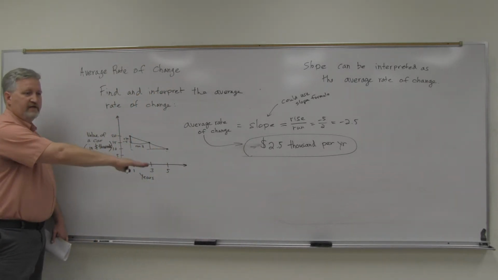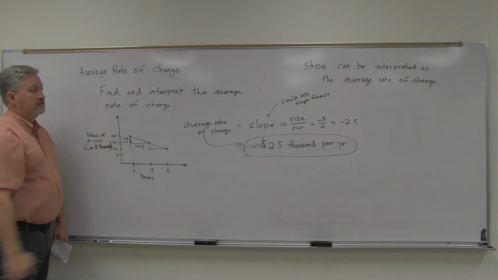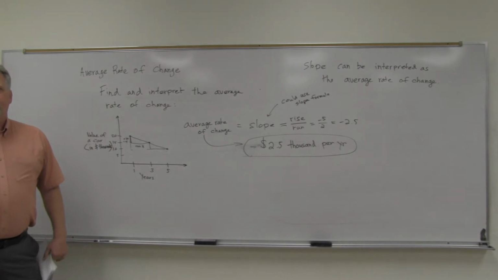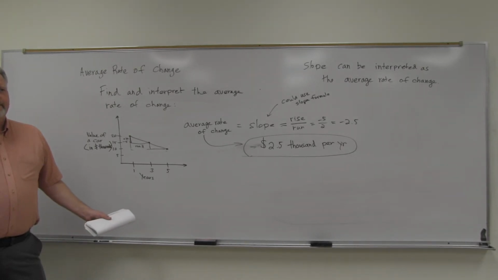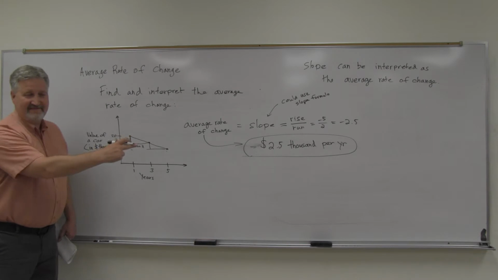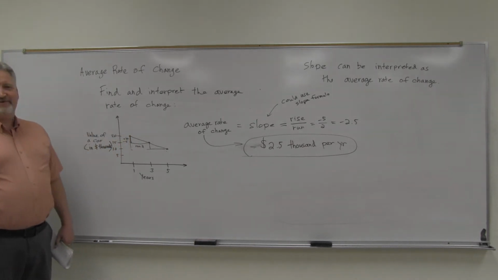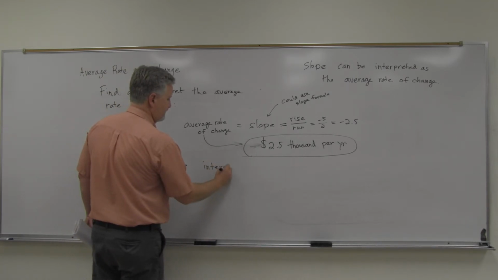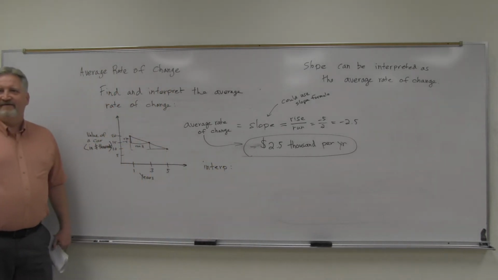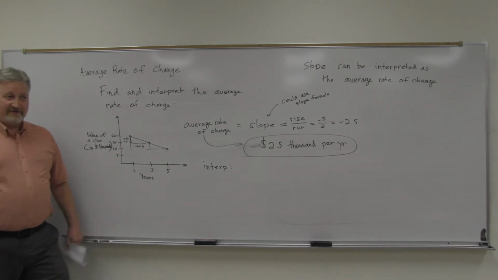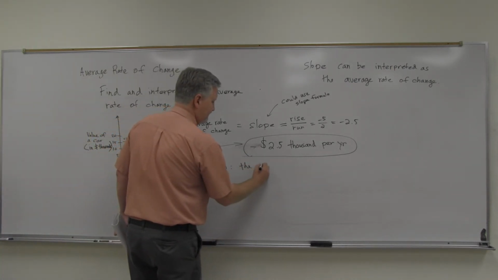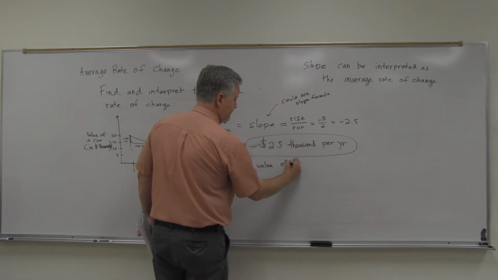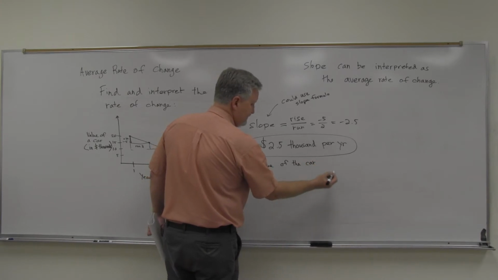The Y's over the X's, and that's my average. All right? Now, that's the finding part. What's the interpretation here? The value of the car goes down 2.5 thousand every year. The value of the car goes down $2.5 thousand, or decreases.